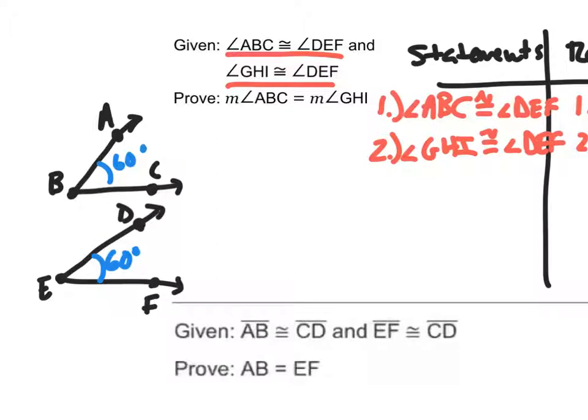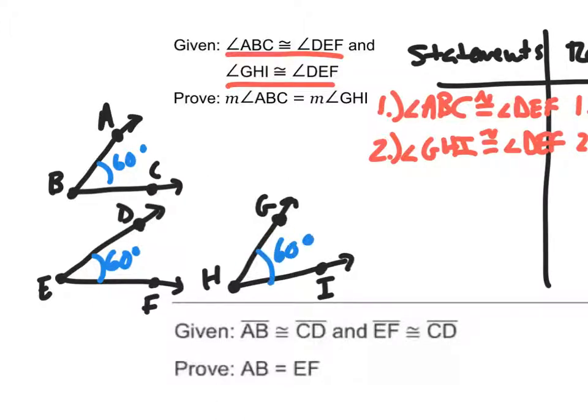Now, the next statement says that angle GHI is congruent to DEF. Well, here's DEF. What's DEF? 60 degrees. So if I draw another angle and call it angle GHI, and I know that this angle is congruent to this angle, then I'm going to call this one 60 degrees as well.